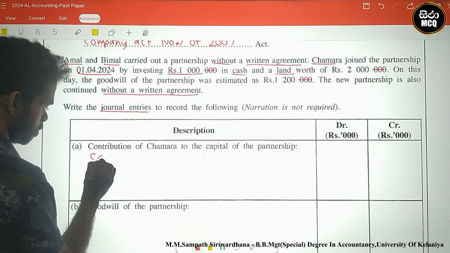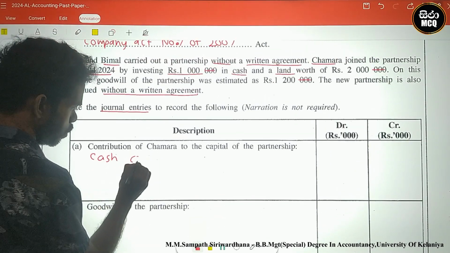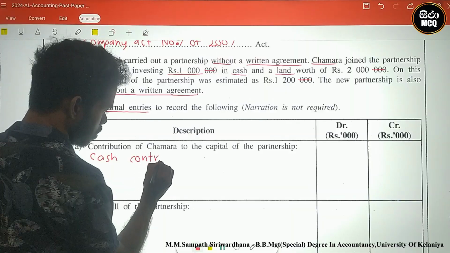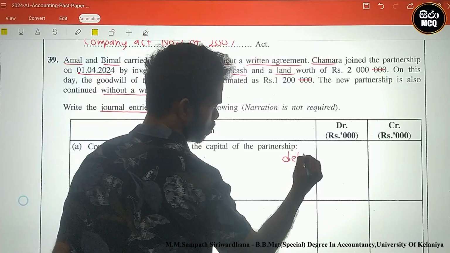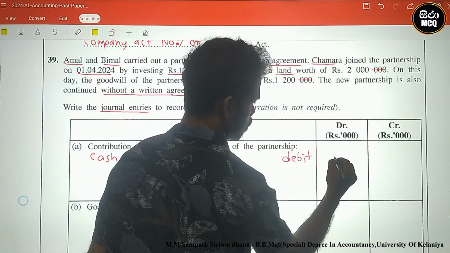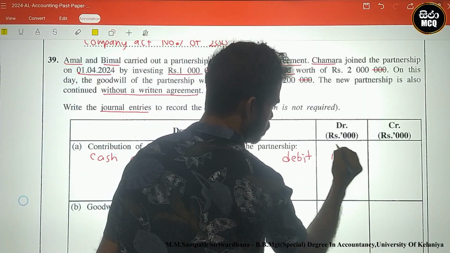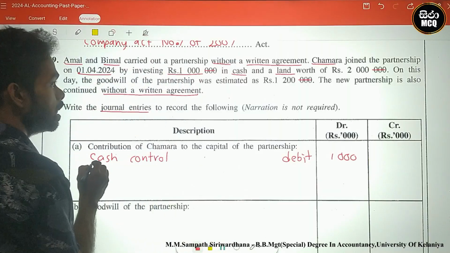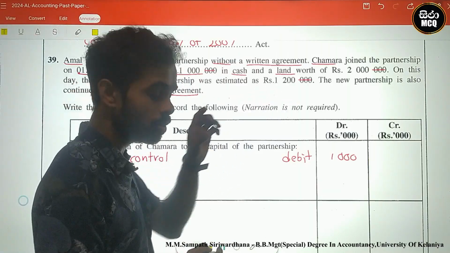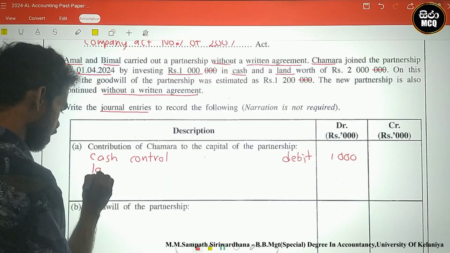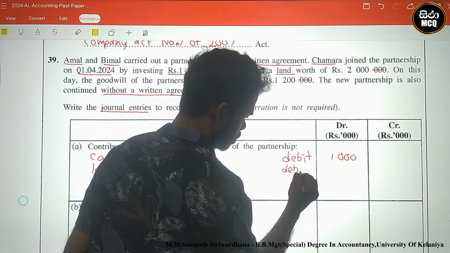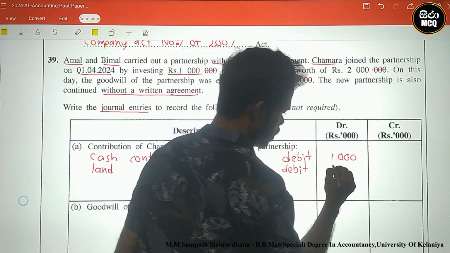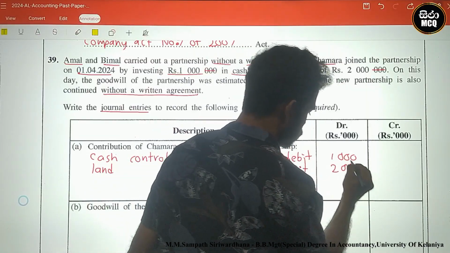Cash control debit 1 million, meaning 1,000. Second, land. This is a land investment. Land debit 2 million, meaning 2,000.